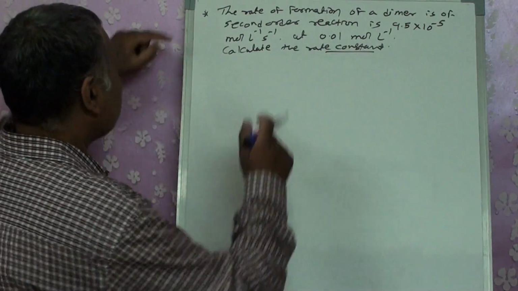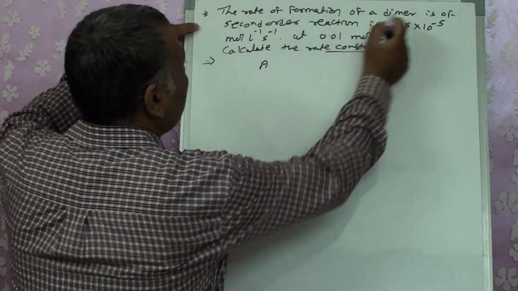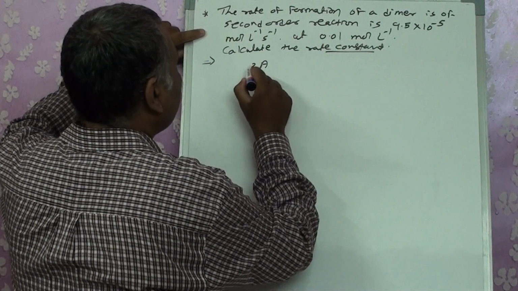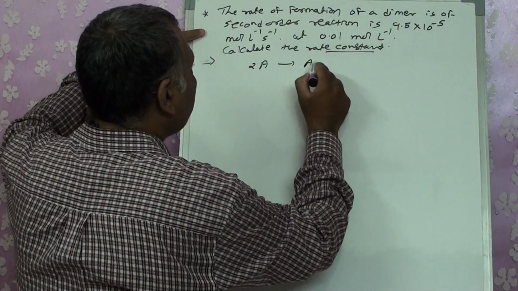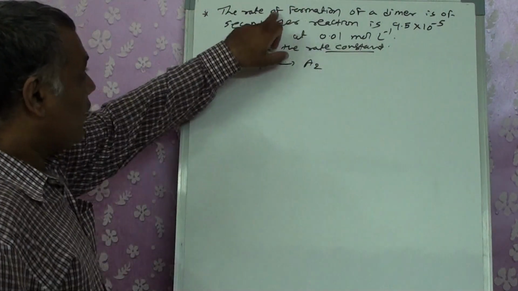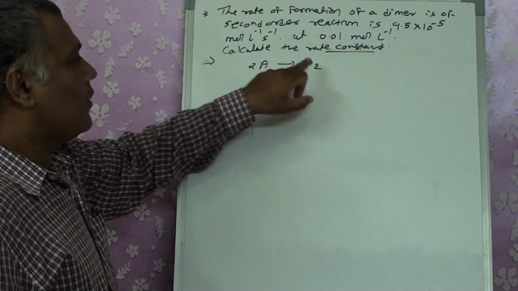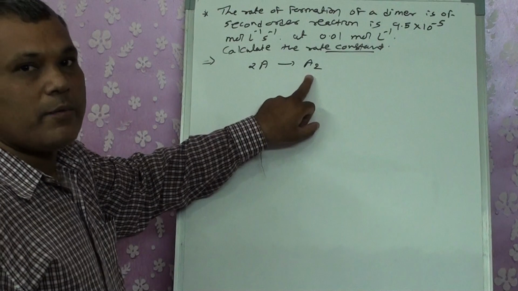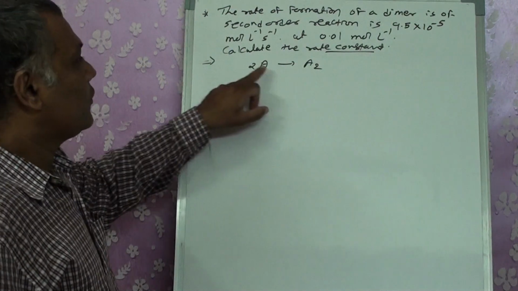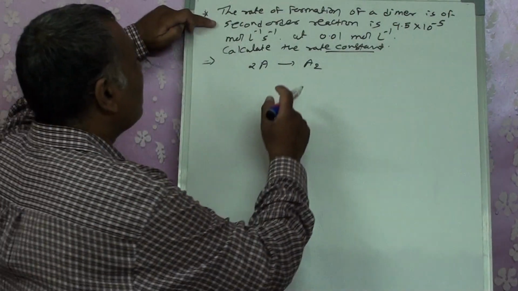Can I write the reaction as: there is some molecule A, and it dimerizes. So two molecules are getting converted into A2. Rate of formation of dimer. So 2A gets converted into A2. It's a second order reaction.